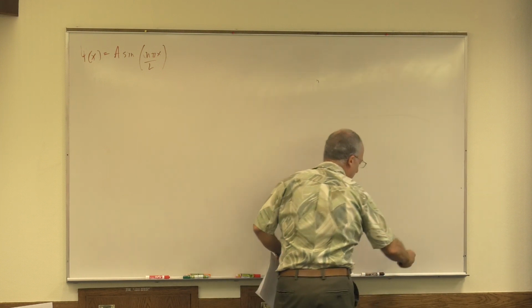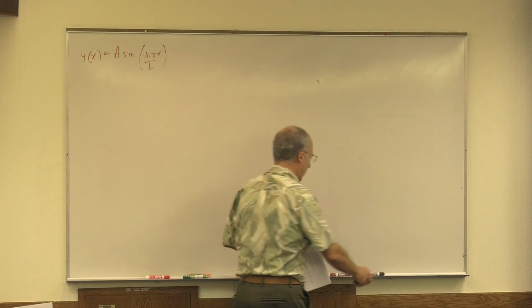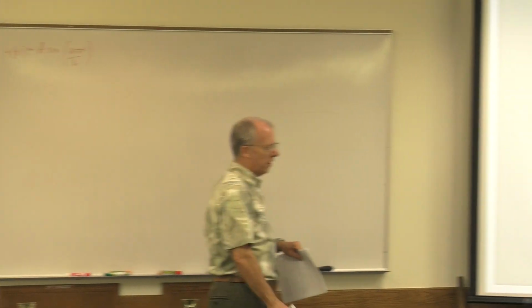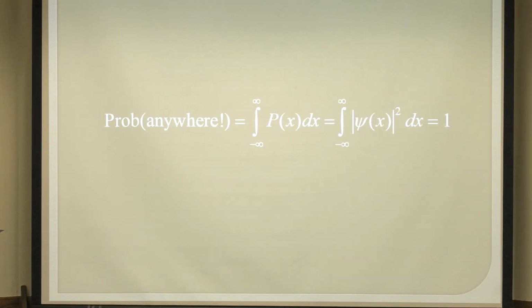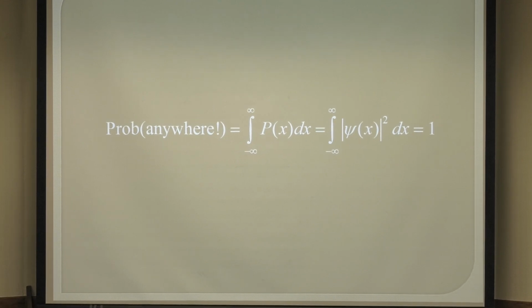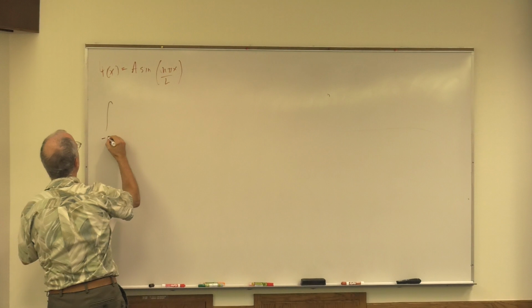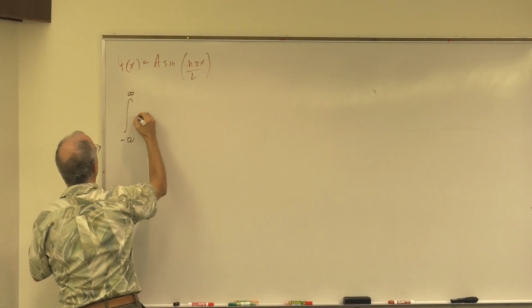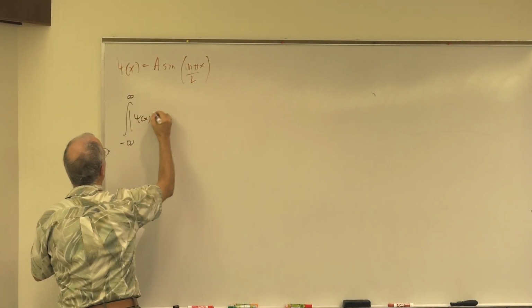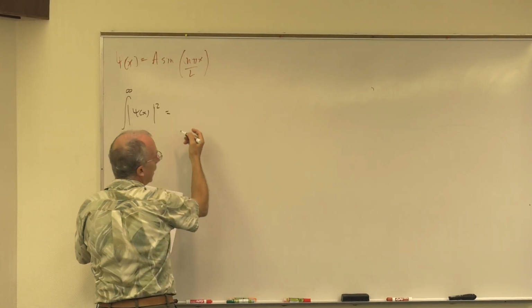So here is the normalization condition, right? It just says that the particle is somewhere. The probability that the particle is somewhere is 1. So we want the integral from minus infinity to infinity of psi of x squared. What is that equal to?